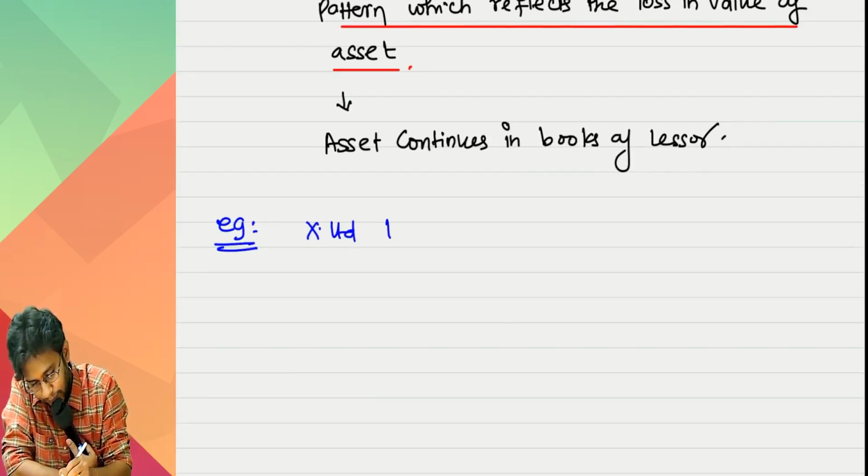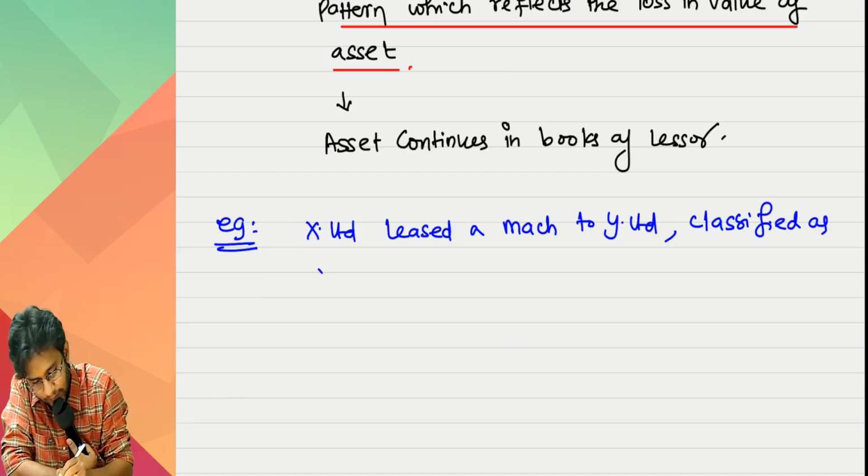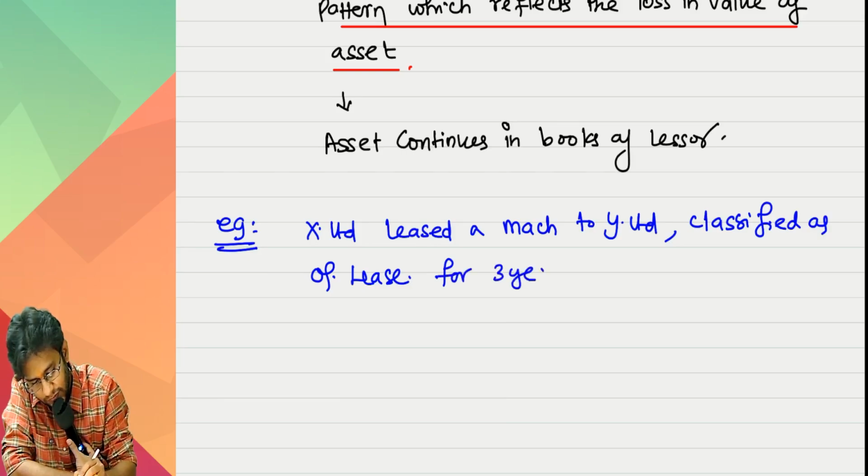X Limited leased a machinery to Y Limited, classified as operating lease, for 3 years.